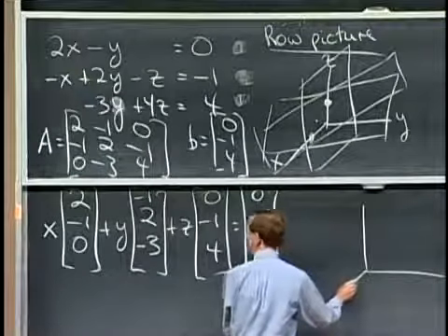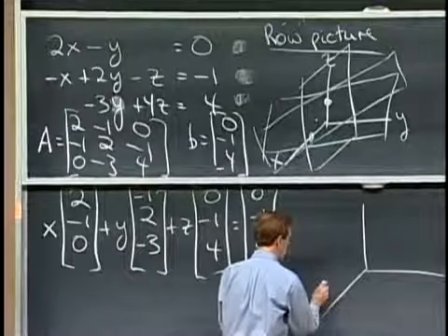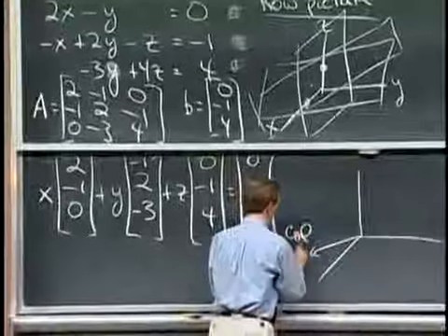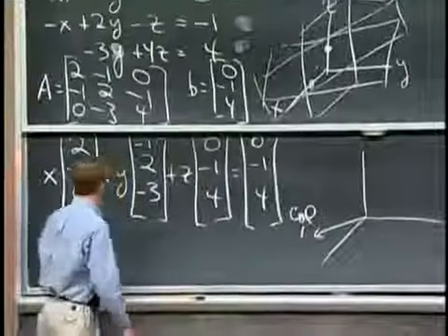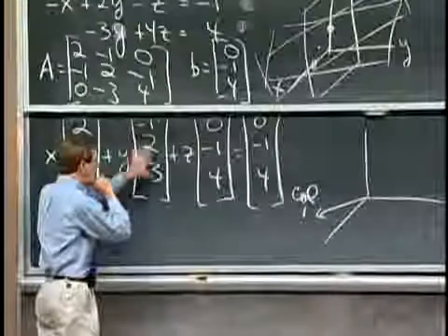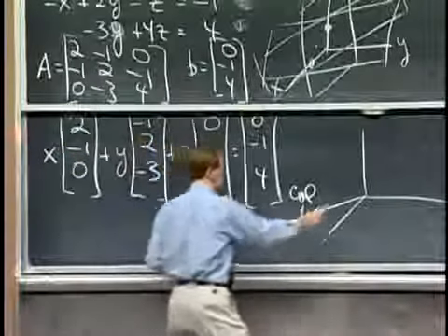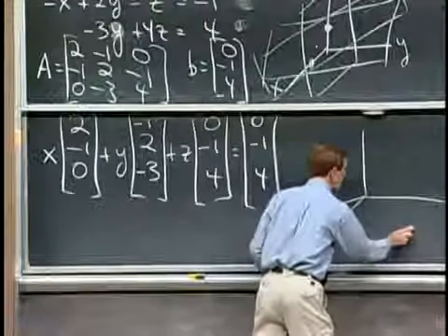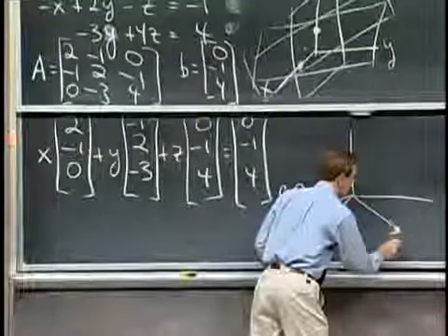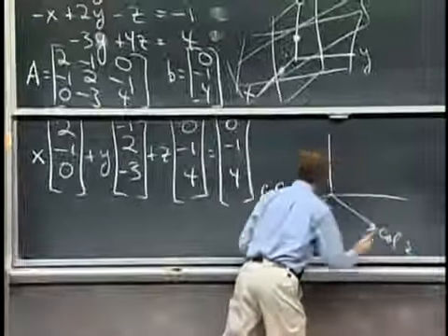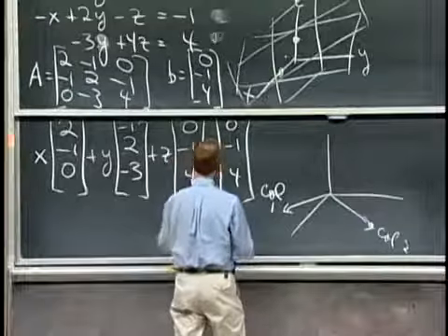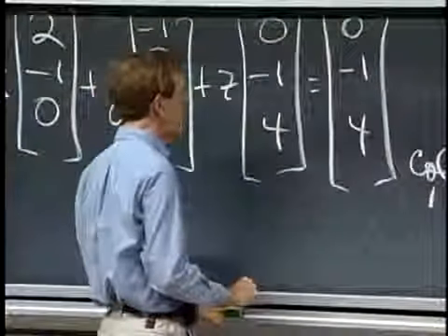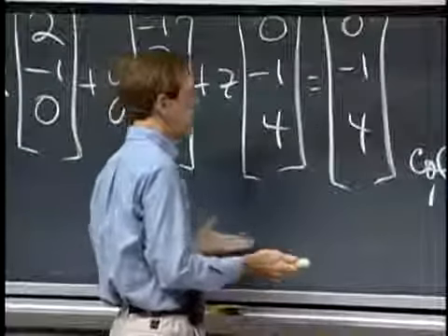So x is 2 and y is minus 1. Maybe there's the first column. The second column has maybe a minus 1 and a 2 in the y's and minus 3 somewhere there, possibly, column 2. And the third column has 0, minus 1, 4. So how shall I draw that?